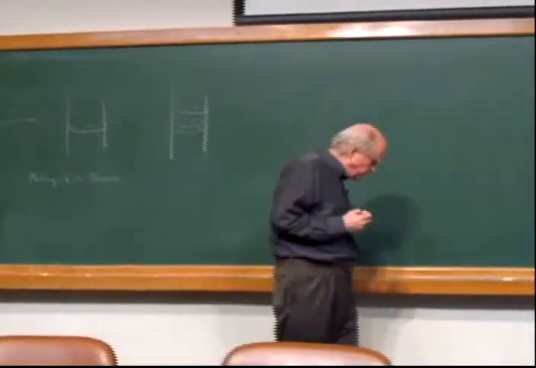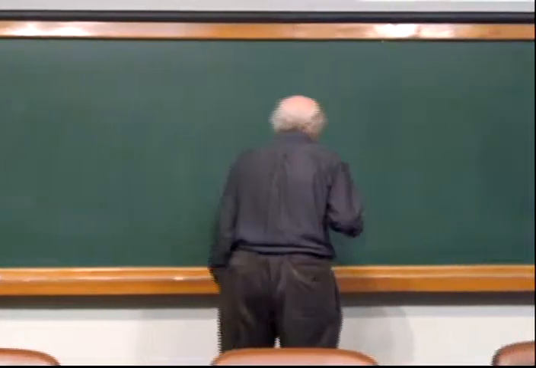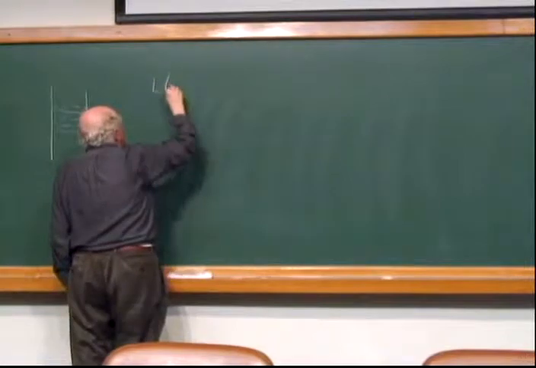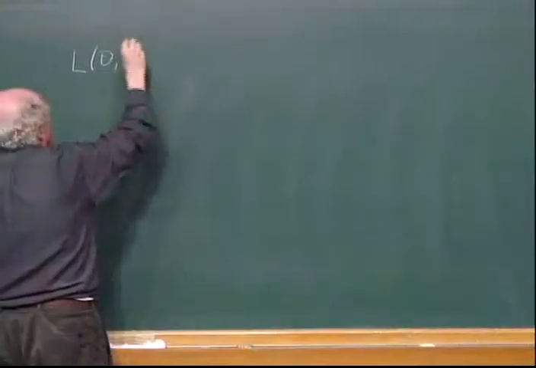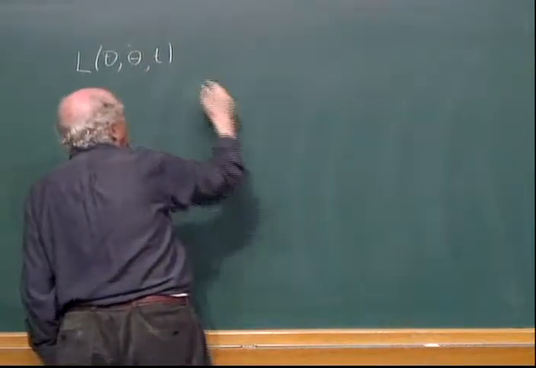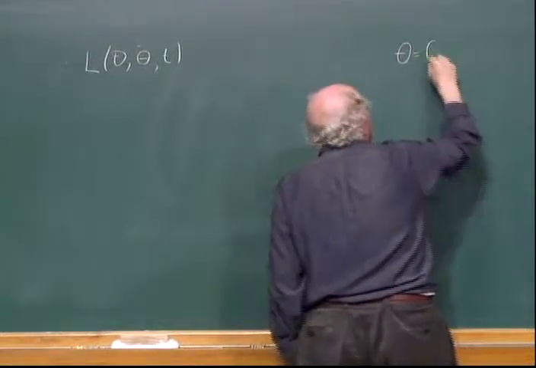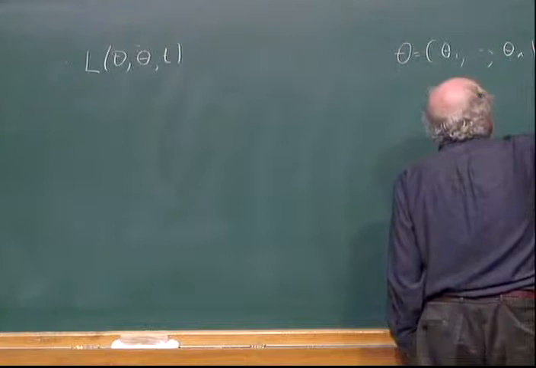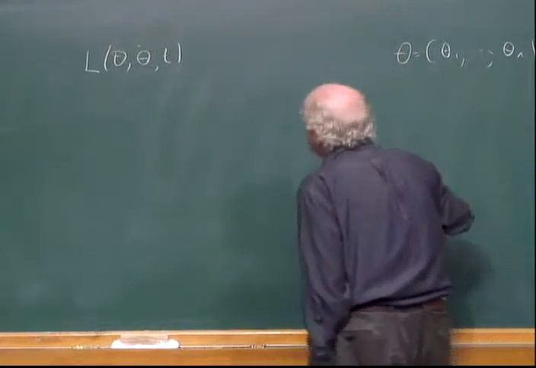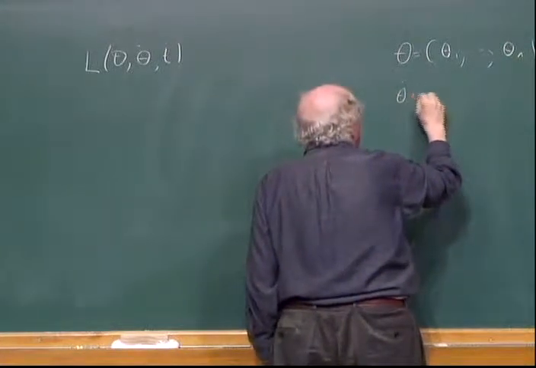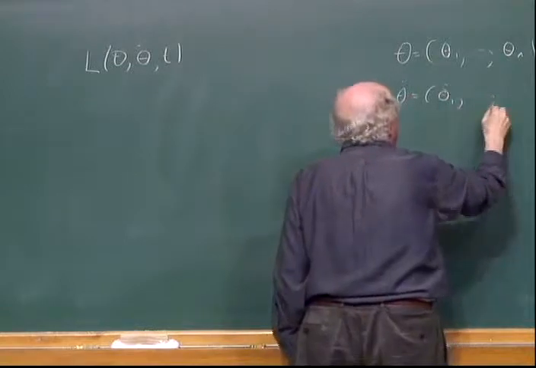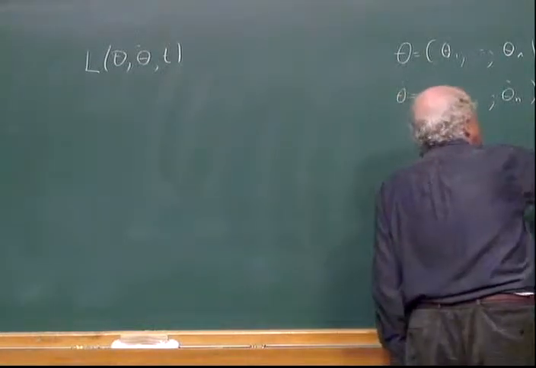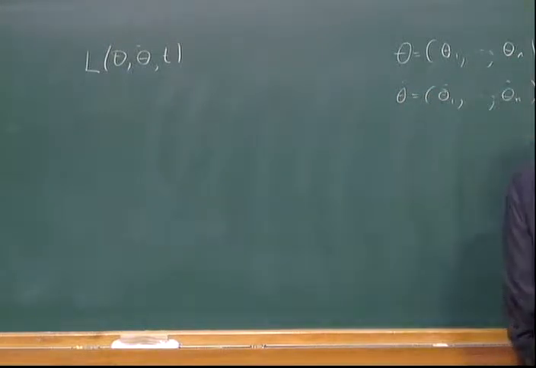So I want to consider a Lagrangian system of the form L(theta, theta dot, t). Here theta = (theta_1, ..., theta_n) is contained in the n-torus, and theta dot = (theta_1 dot, ..., theta_n dot) are the velocities, contained in some n-ball in R^n.